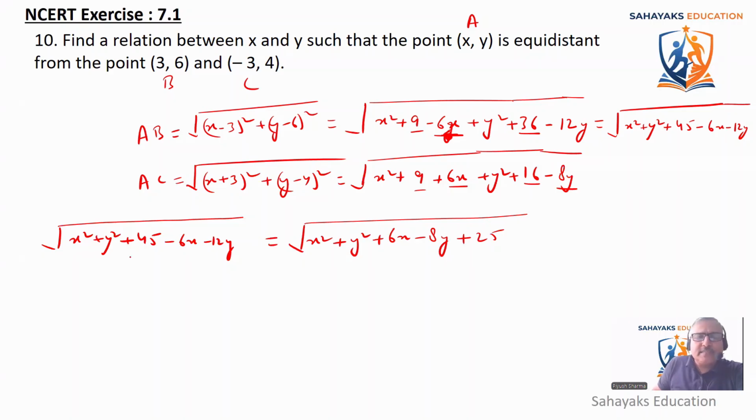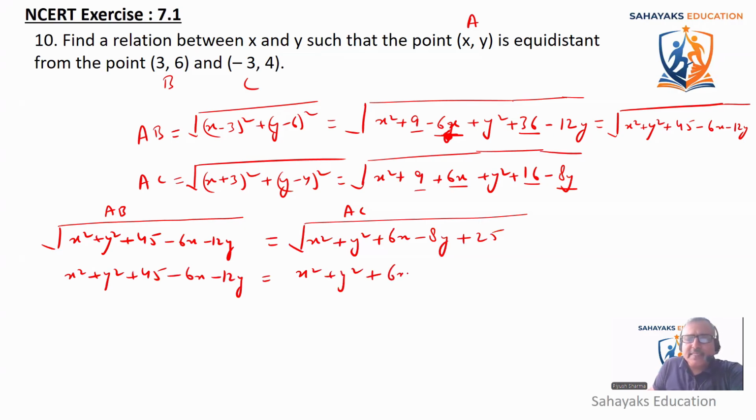So squaring both sides. So this was AB and this is AC. Because AB is equal to AC, that's why we equated it. And now we are squaring both sides. When we square both sides, it becomes x square plus y square plus 45 minus 6x minus 12y is equal to x square plus y square plus 6x minus 8y plus 25.